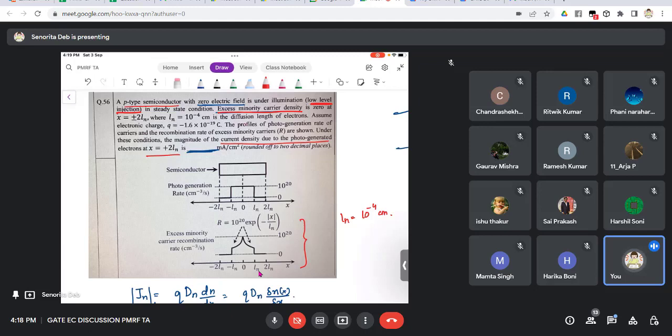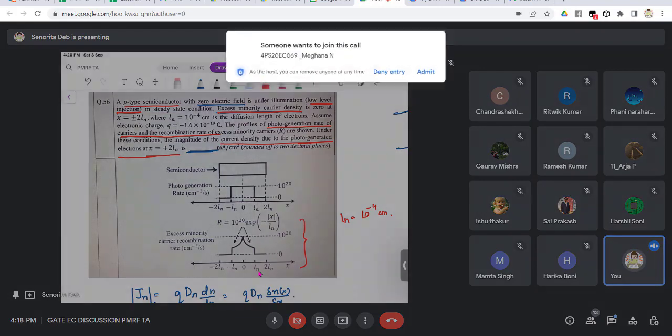Now assume the charge of electron is this. The profiles of photo generation rate and recombination rate are also given, and they have asked what is the magnitude of current density due to photo generated electrons at x equals plus 2 Ln.